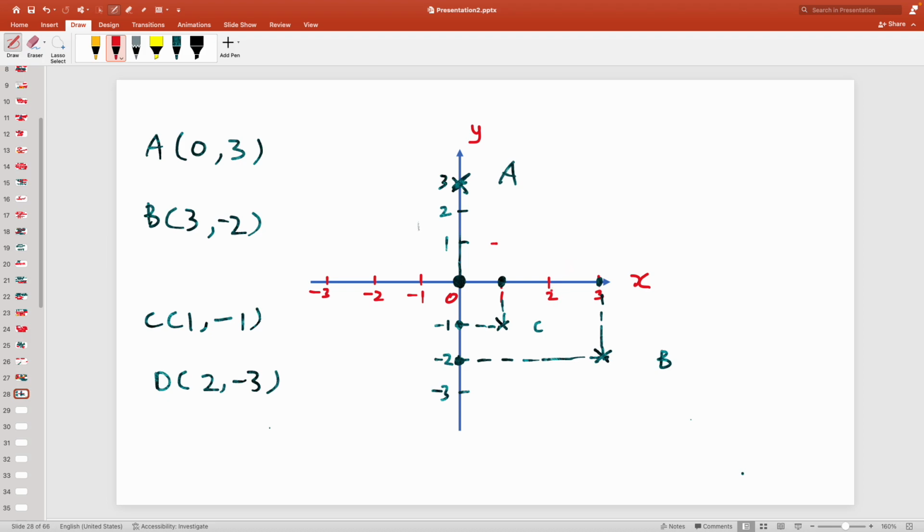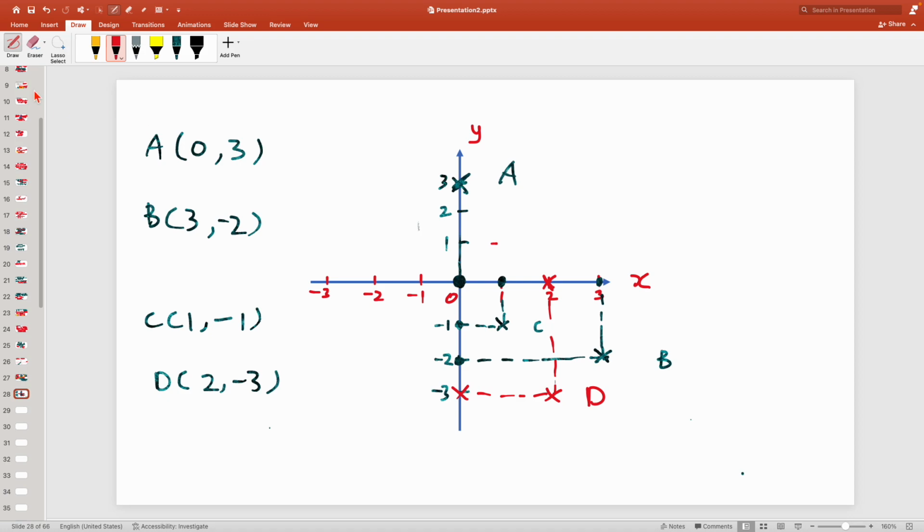Always start from the X first. So where they collide? So this is your D. Are you clear how, given the X and Y coordinates, you locate the points now?